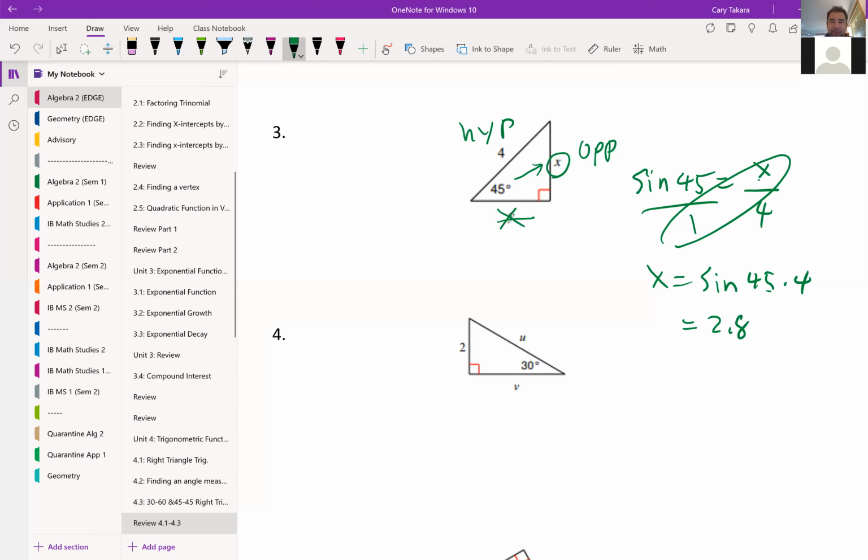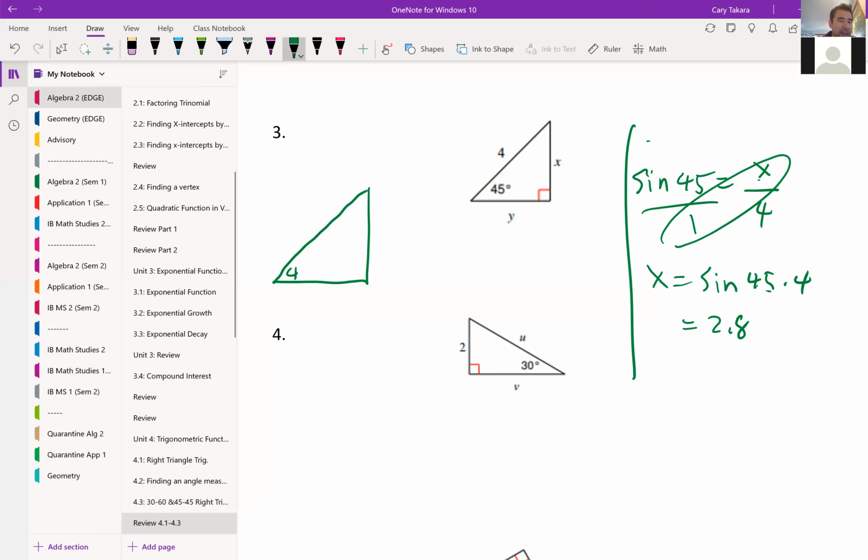However, that's one way to do this, okay? But if you do know the ratio that we talked about, you don't even have to do that. If you have a 45-45 triangle, the ratio is that these two sides are always equal to each other.